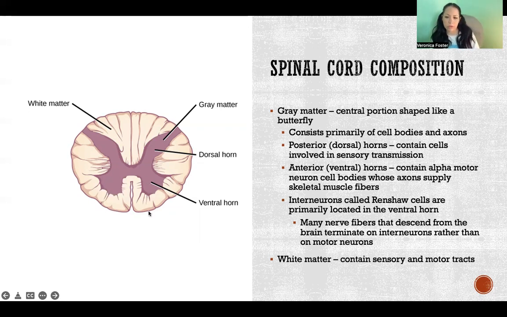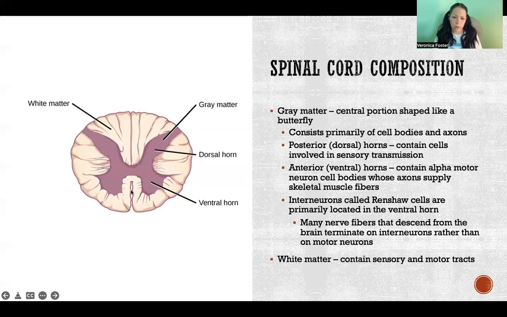And we have many nerve fibers that descend from the brain that terminate on interneurons rather than on motor neurons. The reason for that is it gives the interneurons the ability to modulate the signals that are coming from the brain. So we have motor neurons that originate in the brain and travel down the spinal cord, and then they terminate on interneurons in the gray matter.